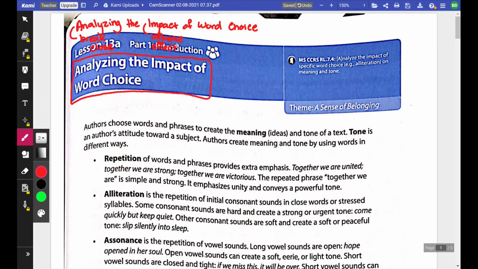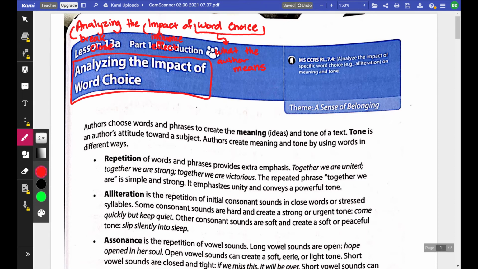Okay. And next, we're going to look at this word choice. So this kind of goes along with what we've been doing the past couple of weeks, but we're going to take it even further this time. So word choice itself refers to what the author means. So when the author is writing in a text, they're going to use their word choice to get their ideas across.